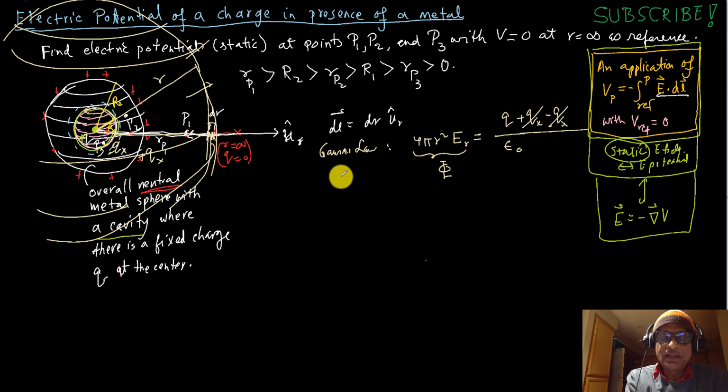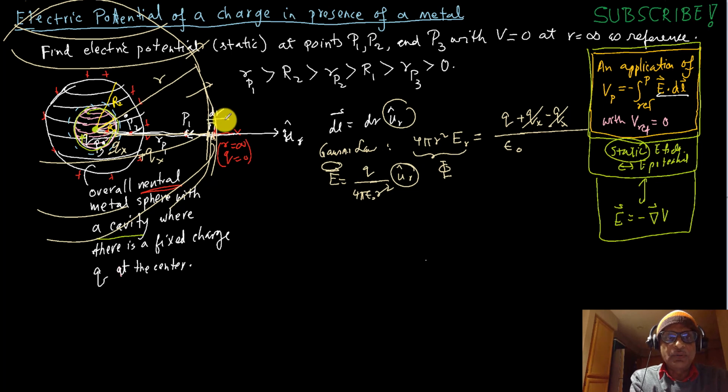So over here, the electric field is just Q over 4 pi epsilon naught r squared, and the vector is r-hat. In the same direction, the electric field is r-hat pointed this way, and the electric field is pointed that way in this little element.